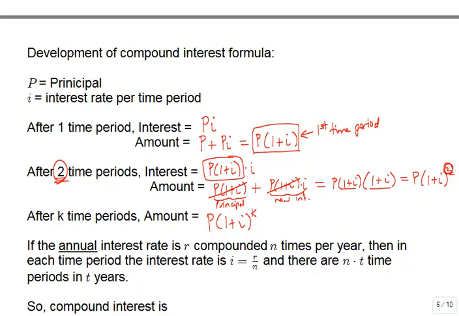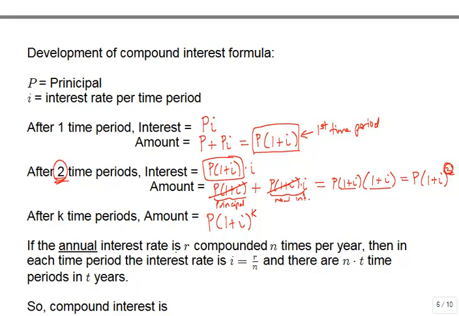Now what we're going to do is talk about compounding this interest a little bit. Compounding interest means instead of waiting an entire year to get your interest added to your account, some banks will compound your interest more frequently. So maybe a bank might compound your interest semi-annually, which means twice a year, or quarterly and give you interest 4 times throughout the year, or monthly, which would be 12 times per year.